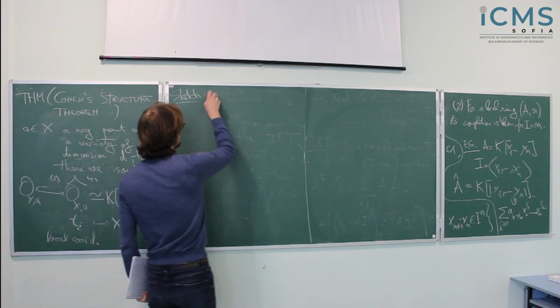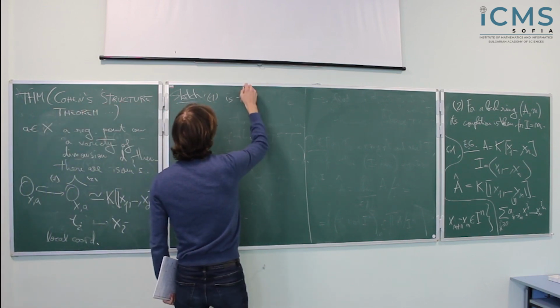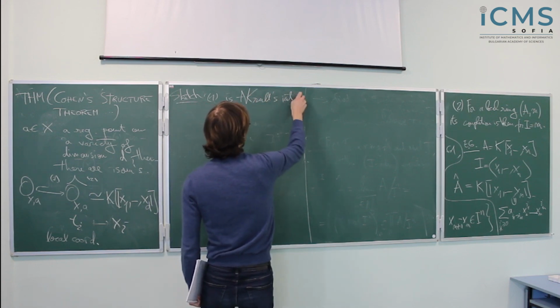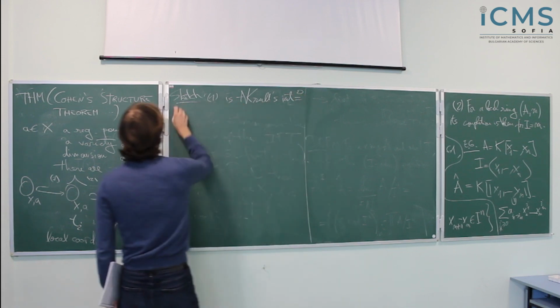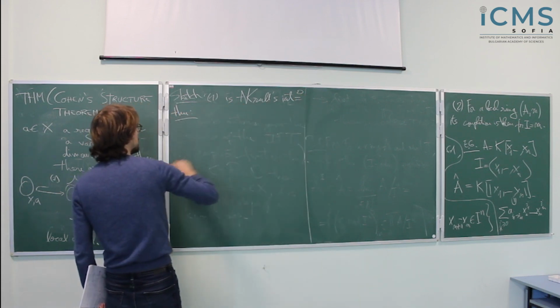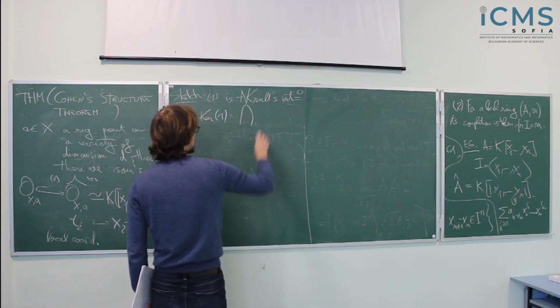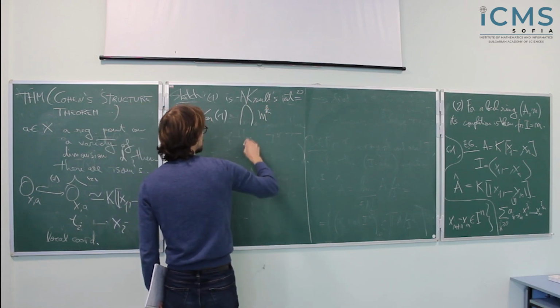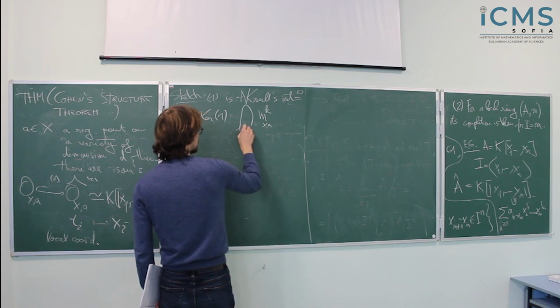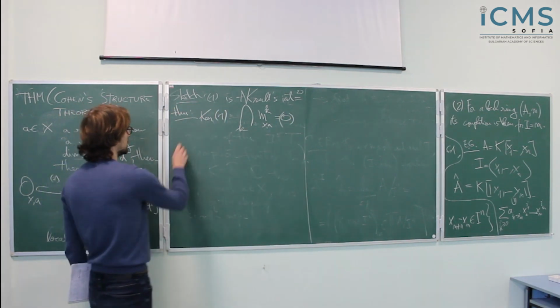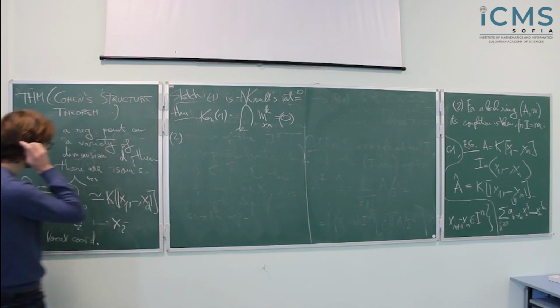One is Krull's intersection theorem. Basically, the kernel of the morphism is the intersection of the different powers m^k, and this is 0 by Krull's intersection theorem. This is the first idea.